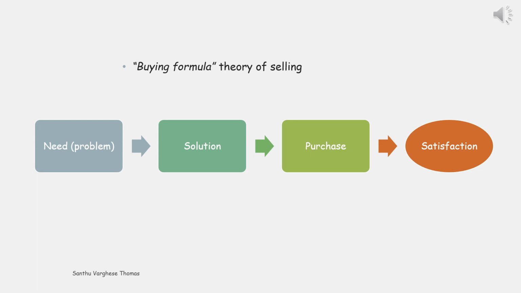We need a television. So we can ask our doubts in the mind, and the salesman gives the correct solution for our doubts. The next stage is the purchase stage, where we purchase the product, and the follow-up stage helps the proper satisfaction of the consumer.